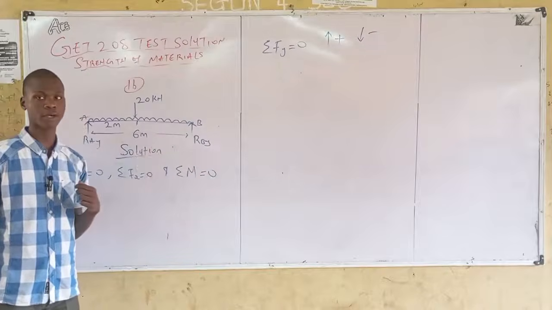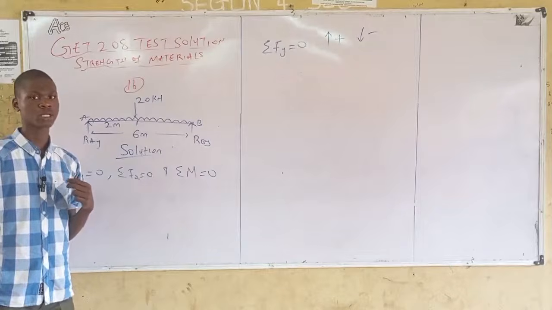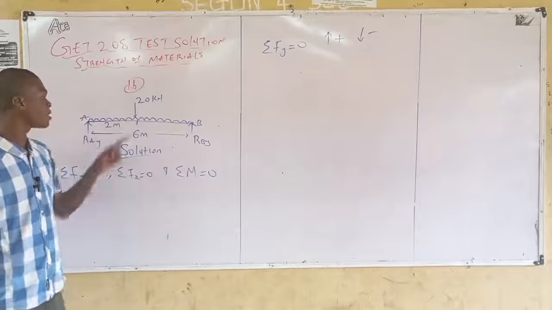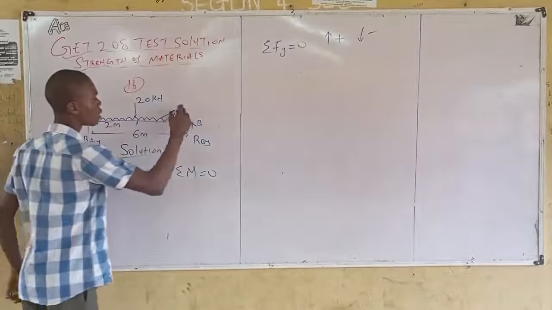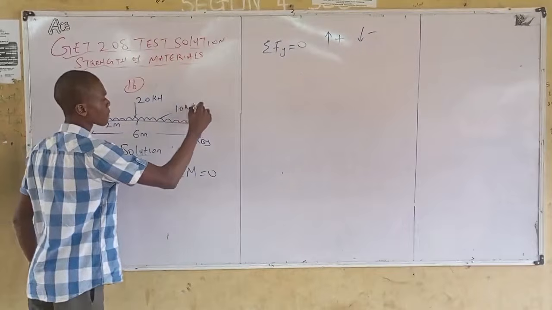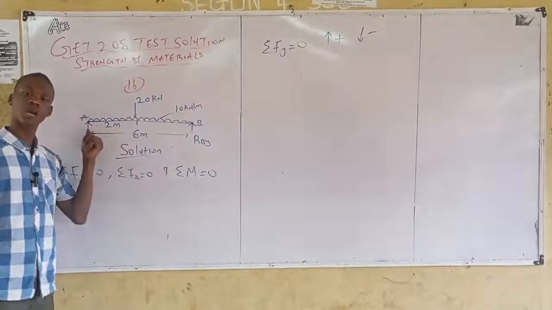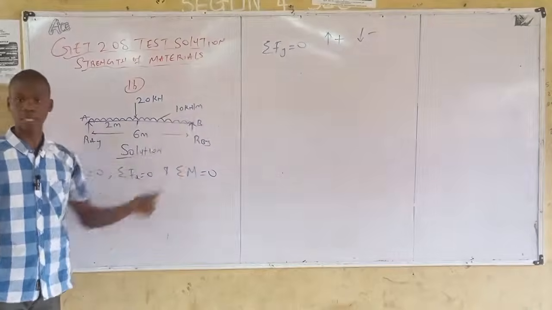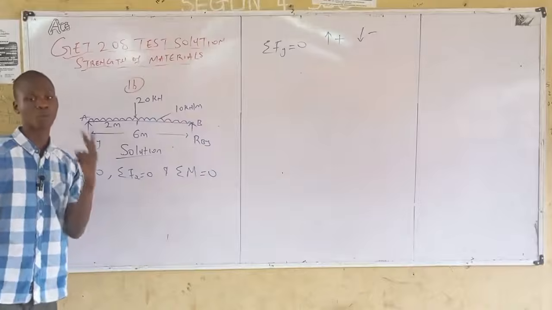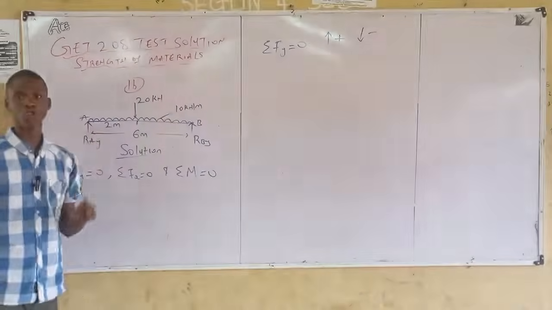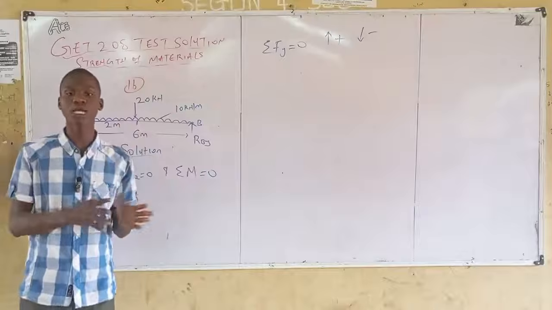How many loads do you have there? Is it 1? I'm having 2. I'm having this point load of 20 kilonewton and this U.D.L of 10 kilonewton per meter. So I'm having 2 supports and 2 loads. Those supports and loads are my forces.